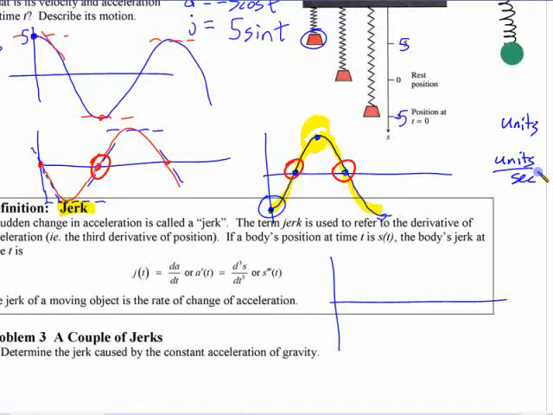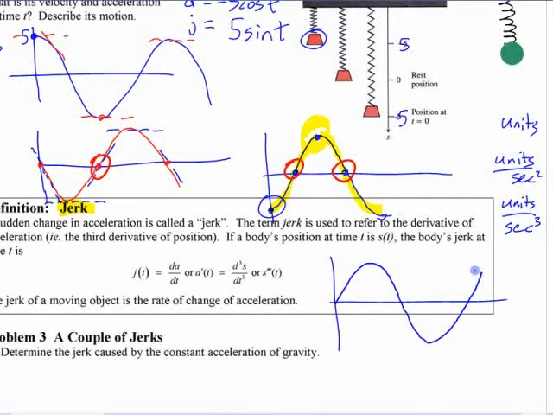The acceleration is measured in units per second squared, and the jerk is measured in units per second cubed. It is, right? It's the rate of change of the acceleration. It is, what did we say, 5 sine t, so it's this.